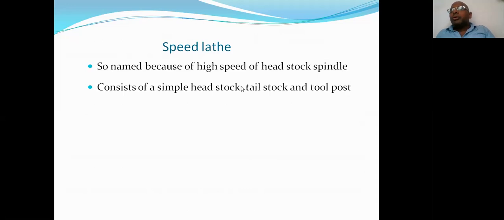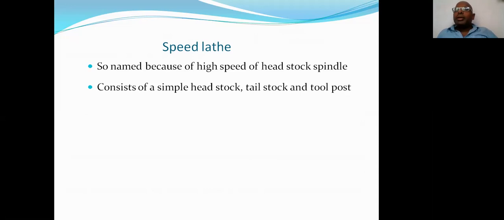It is not possible to hold the cutting tool in the hand, because the job rotates at high speed. In lathe machines, the tool used is a single point cutting tool. Moving the cutting tool by holding it in the hands is not possible with a uniform feed rate.